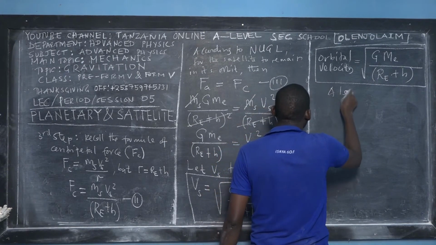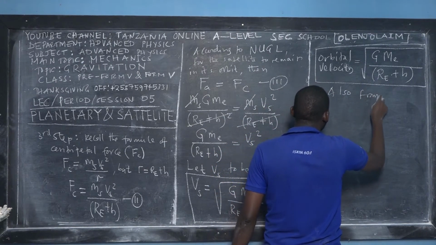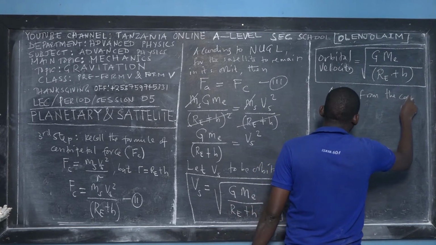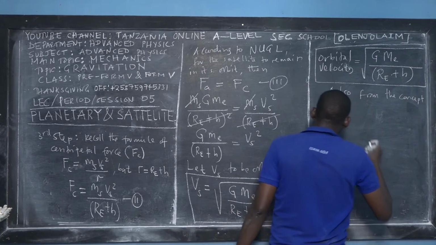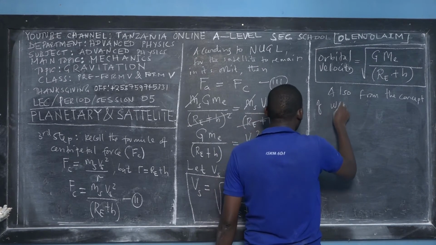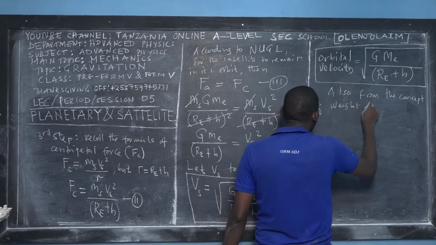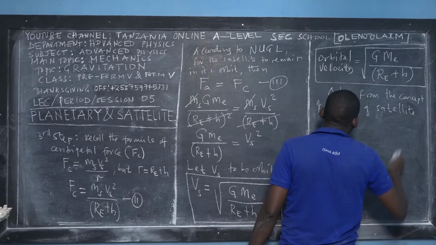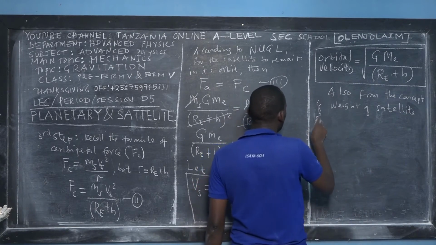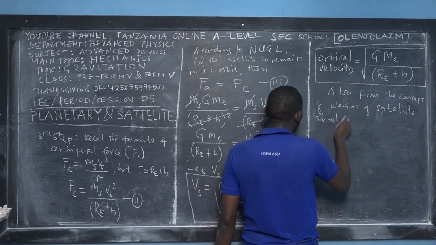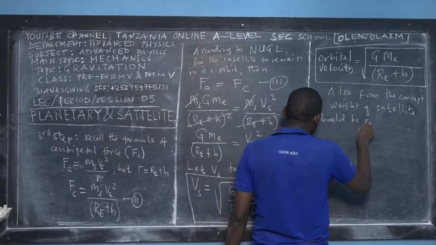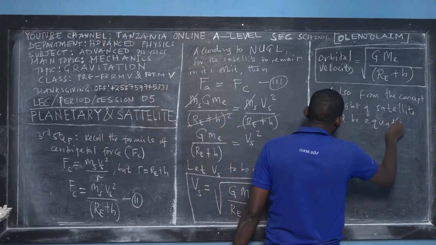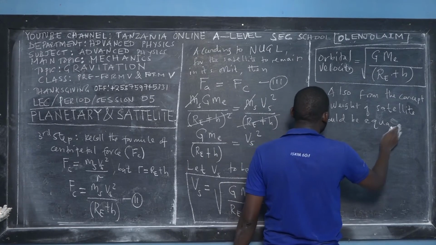Again, from the concept of the weight of the satellite, for it to orbit the Earth, the weight of the satellite should be equal to the force of attraction. That force of attraction is doing a lot because it should be balanced.